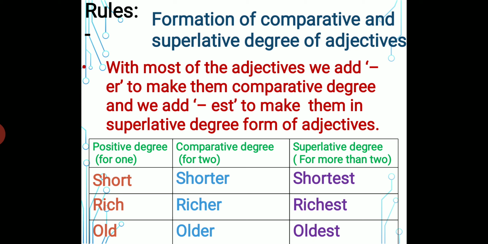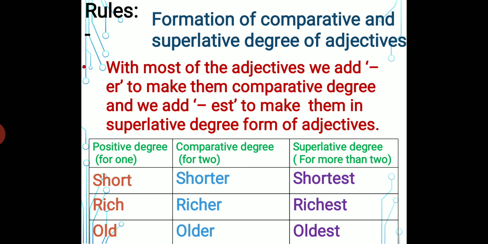I have written in the bracket how many nouns are compared in each kind of degree. In positive degree only one noun is there, so I have written here for one. Positive degree is always used for only one noun. Comparative degree we use for two nouns.